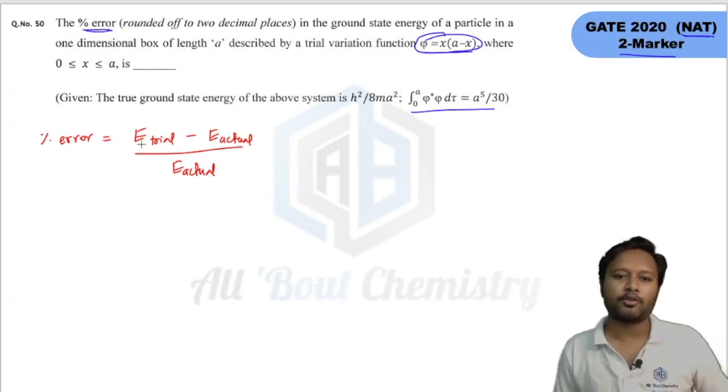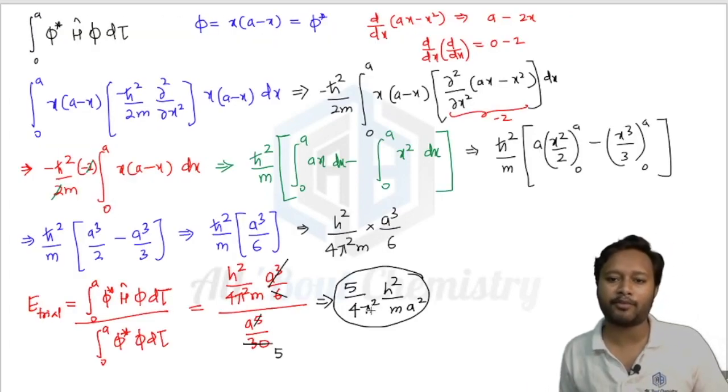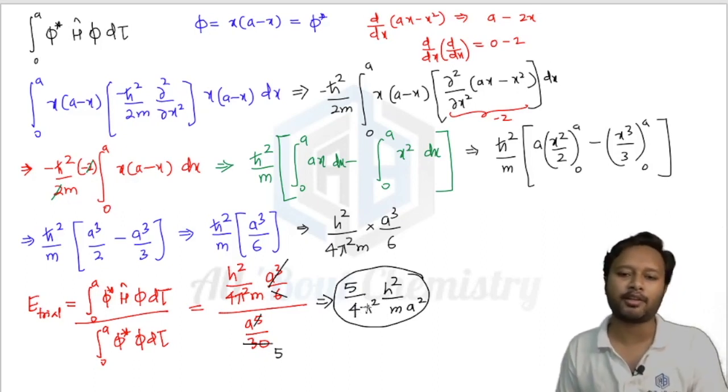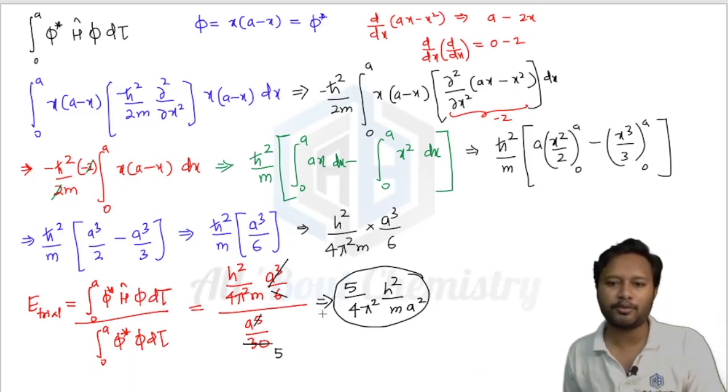Alright. So your E trial, we have just calculated it. You can use your calculator to find out the value of this. Because you are doing a GATE exam, you have access to the calculator. So this particular part, 5 by 4 pi square, if you use the calculator, comes out around 0.1267, okay, h square upon m a square.